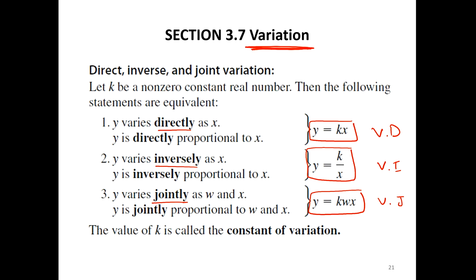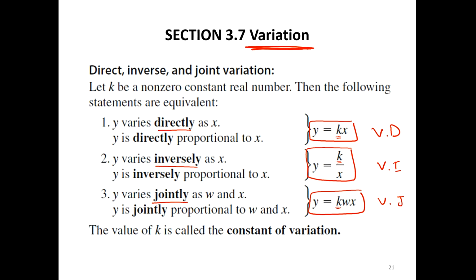What's the meaning of varying directly? It means if we have an increase in X, we have an increase in Y. In all of these cases, this is the constant of variation.